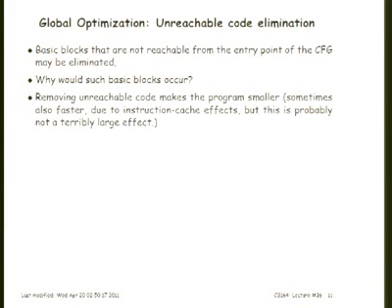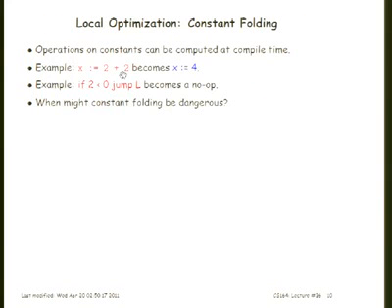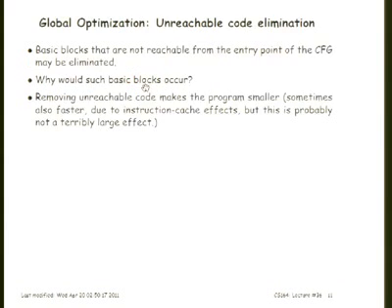Okay, so here's an example of a global optimization now. Although actually you could apply it to a basic block, except that that's usually kind of trivial. So it's possible that as a result of various optimizations, as for example this one right here, you find that basic blocks become unreachable.